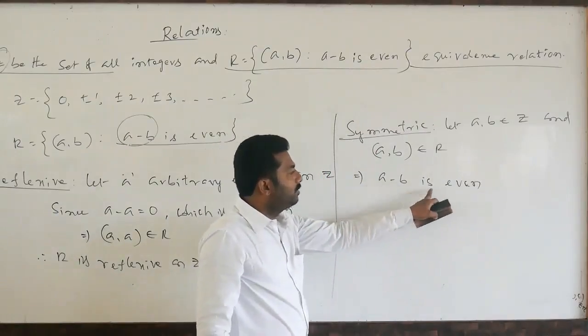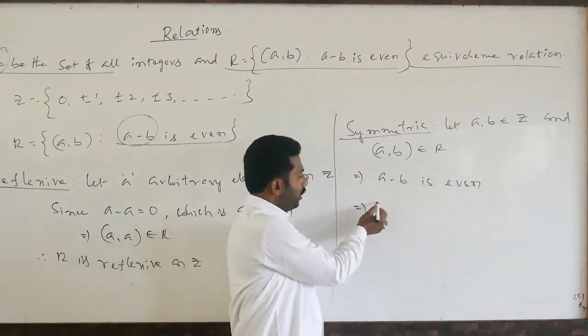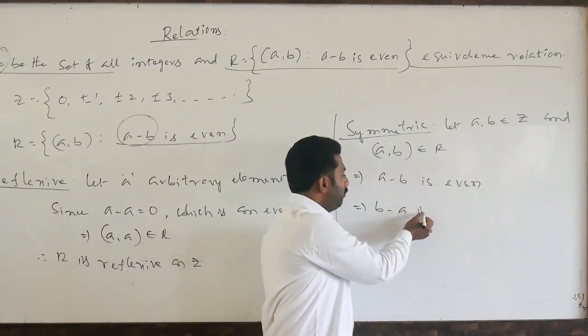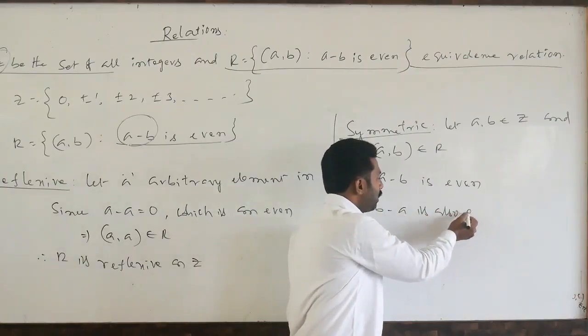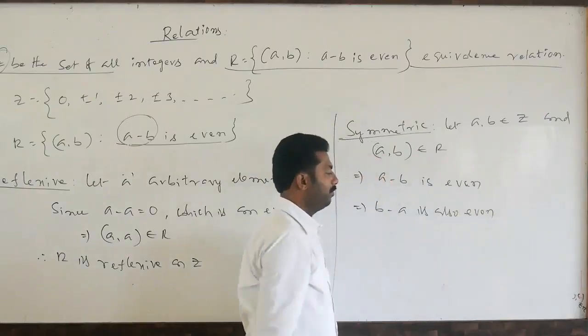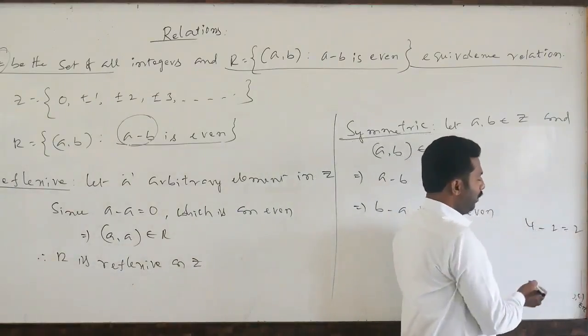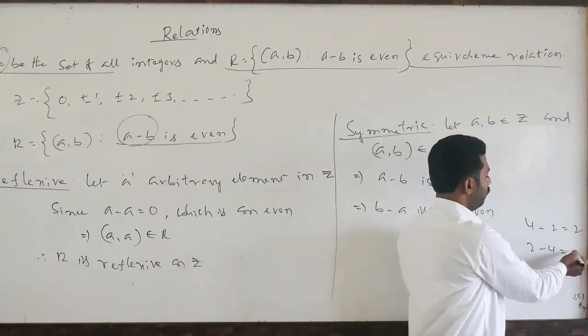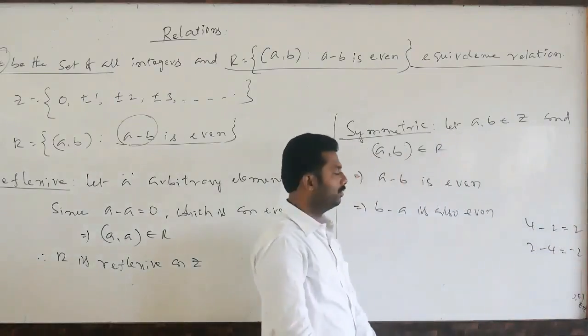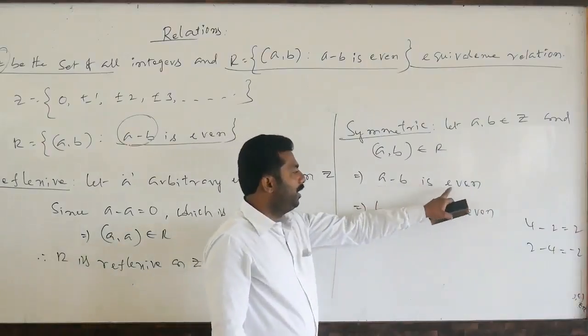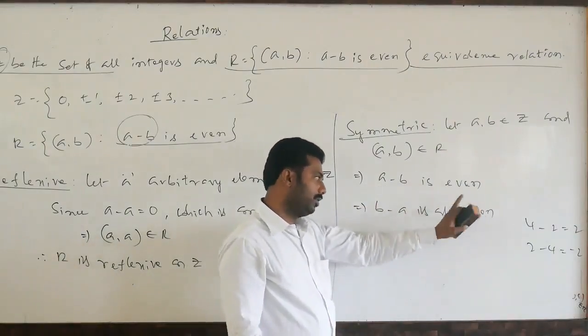A minus B even number means we can say that B minus A is also an even number. For example, 4 minus 2 is an even number, and 2 minus 4 is also an even number. So A minus B even means B minus A is also even.